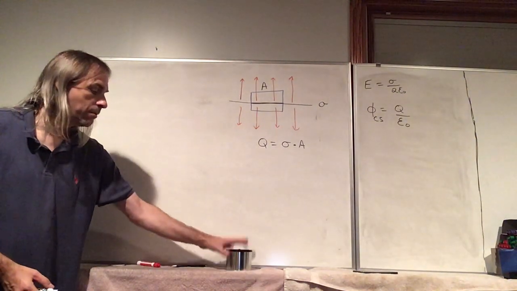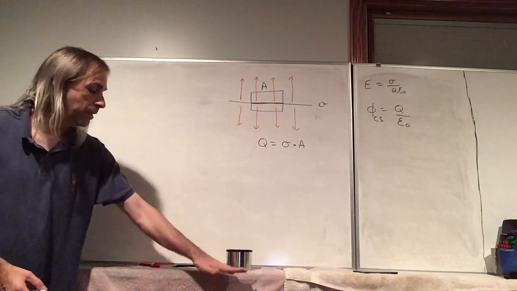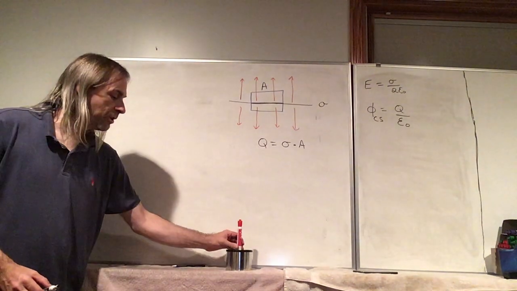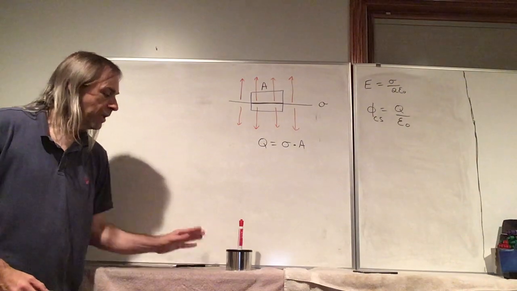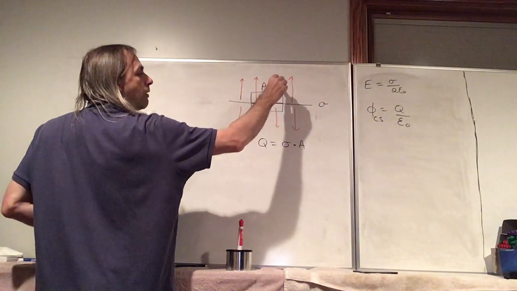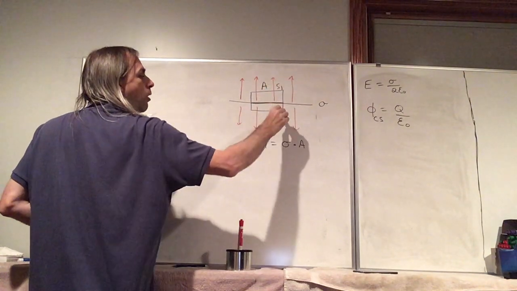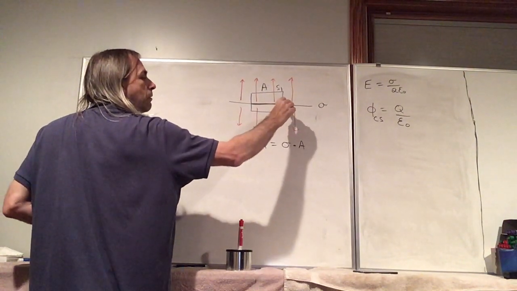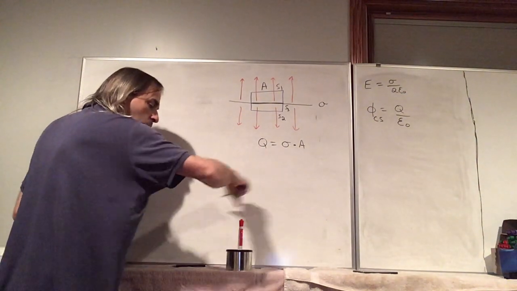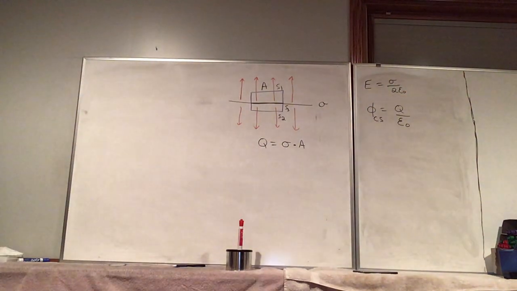This has to extend below as well. And here is our electric field. So let's break this surface up into 3 pieces. Let's say surface 1, surface 2, and surface 3 would be the part going around the cylinder.